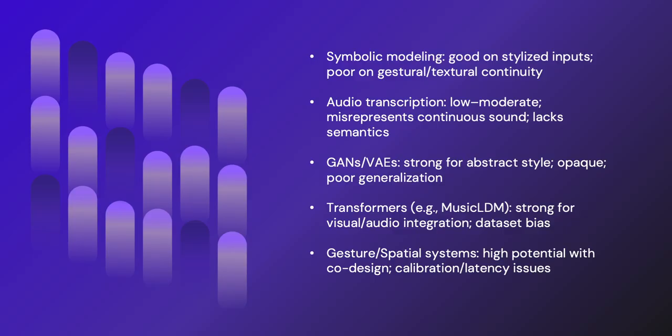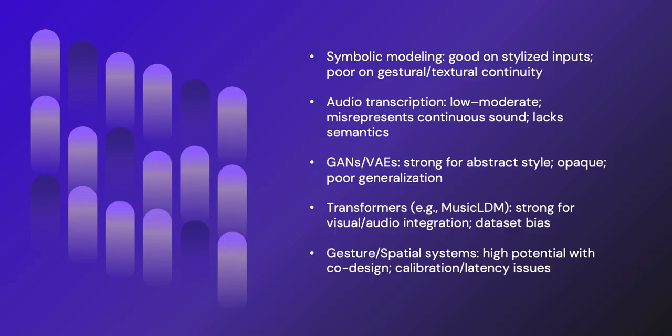Deep generative models, GANs, VAEs, transformers, excel at style and can connect visual and sonic domains, but they are opaque and data-biased. They generalize poorly outside the training distribution and can homogenize aesthetics.